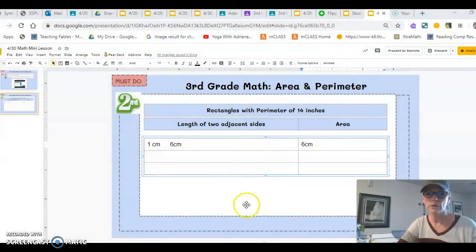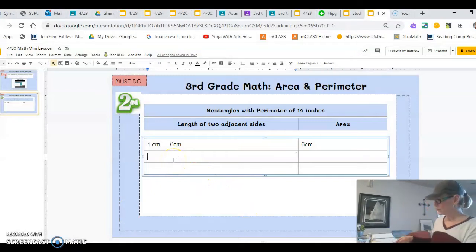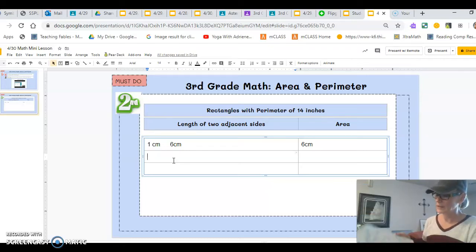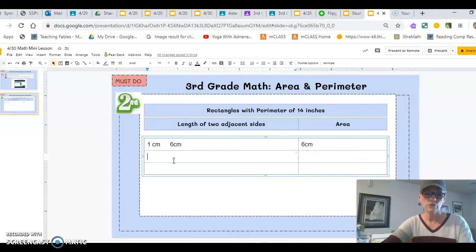So let's go back to our table. So we have the 1 by 6 centimeters rectangle. Now I'm going to put on the chart 2 adjacent to 5. 2 centimeters, I'm labeling my answers, and 5 centimeters.